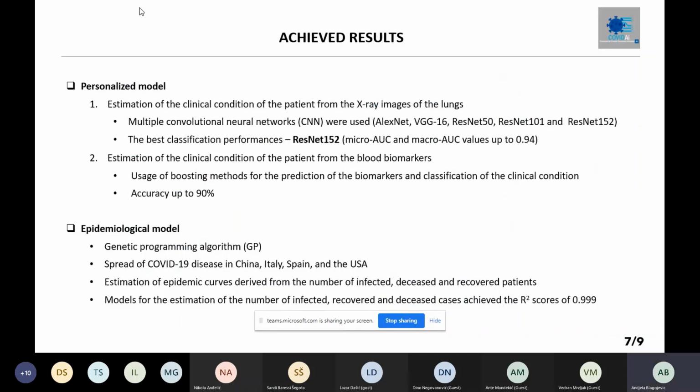0.94. The next paper, which is in the process of review, is pretty much the same thing, estimation of the clinical condition of the patient, but from blood biomarkers or blood tests.